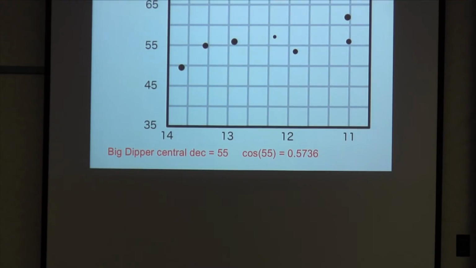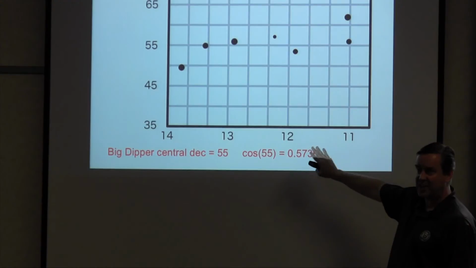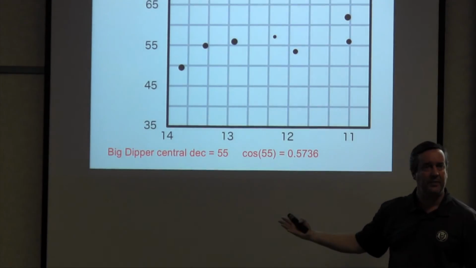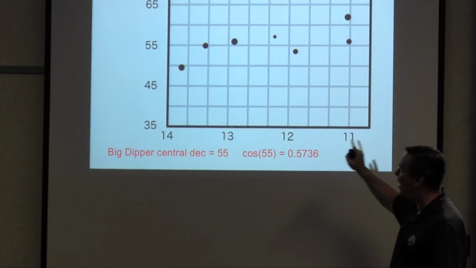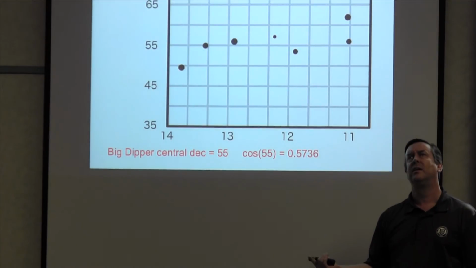So what we need to do is rescale the plot by adding that cosine into our scaling. So we take a scaling of 15 times 0.6, which would be about 9. So instead of 1 hour equaling 15 degrees, it should go the other way, right?